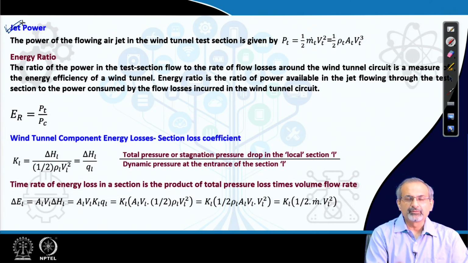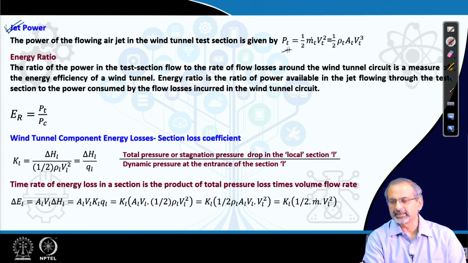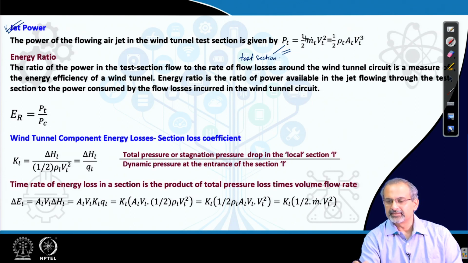Now, the power of the flowing air jet in the wind tunnel test section can be indicated as P_T, T for test section. And how do we evaluate it? It is half m dot_T into V_T squared. So, it is like saying half m V squared, which is basically the kinetic energy content, and then you are taking a time rate of that. That gives you the power.